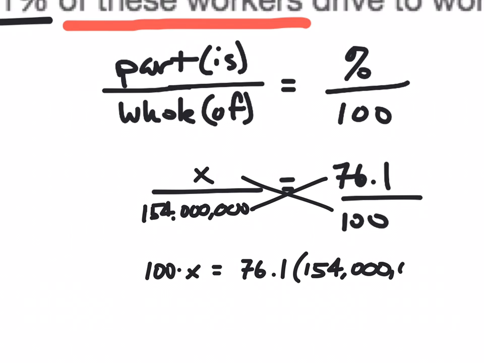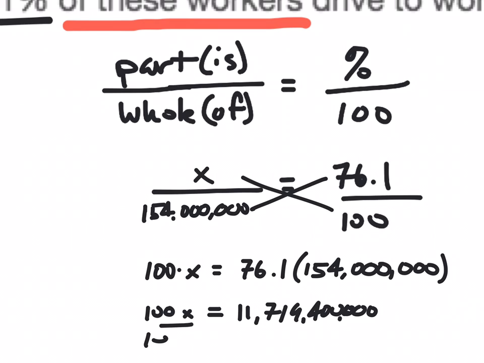So if I do 76.1 times 154 million, that's going to give me 11 billion 719,400,000, and that's equal to 100x.